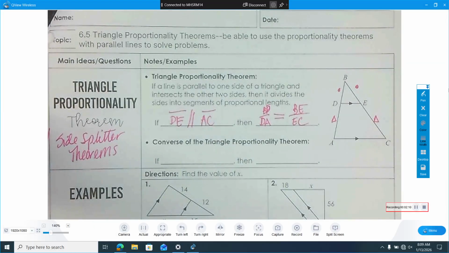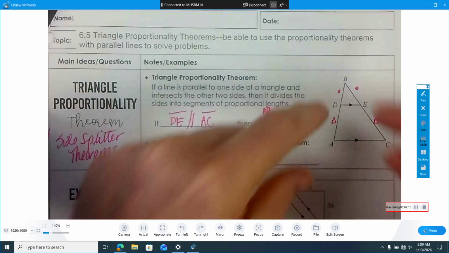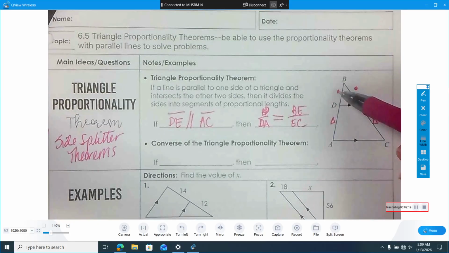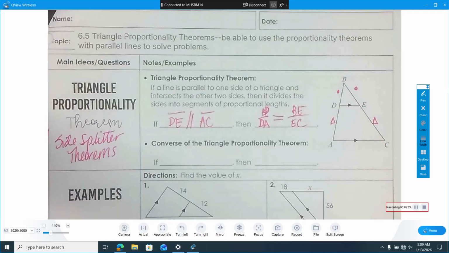So those parallel lines cut the sides of our triangle proportionally, okay? And so we can just do little piece over lower piece, top over bottom, and you just get a nice little proportion. So it's super duper easy.